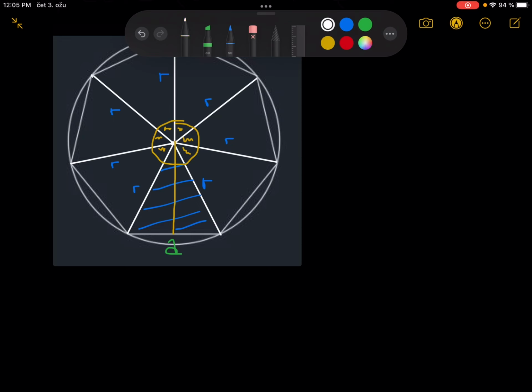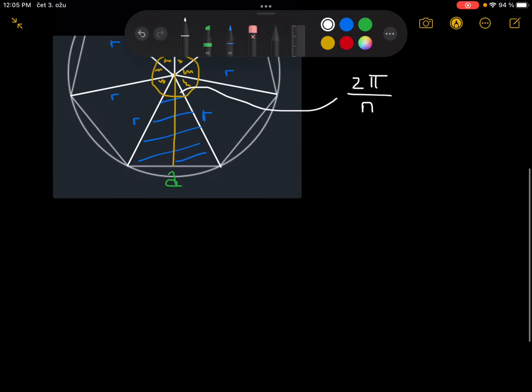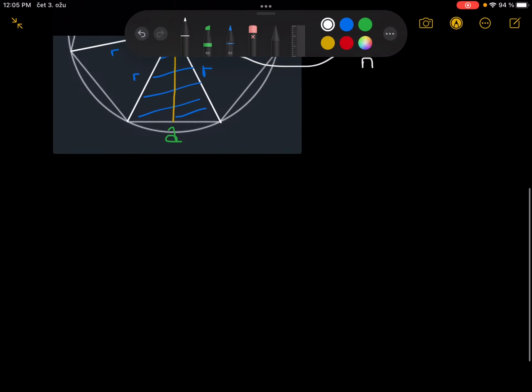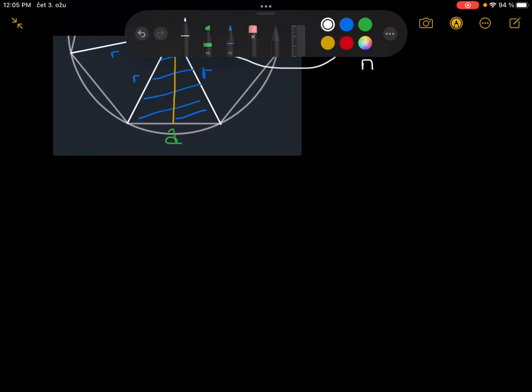But in general, it's going to be equal to 2 pi over n. And you can disassemble each and every regular polygon in the same manner. So in order to express a, generally, we're going to be using the cosine theorem.